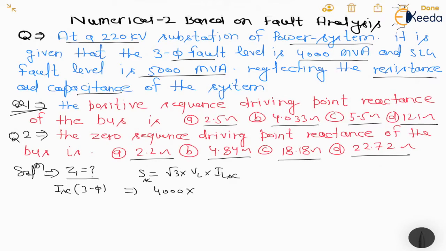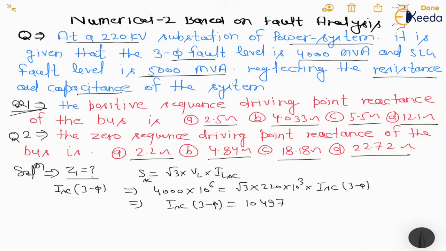So short circuit power is 4000 into 10 to the power 6, equal to root 3 into VL, given as 220 kV, that is 220 into 10 to the power 3, into ISC of 3 phase. From here we can calculate ISC of 3 phase, which is 10,497.27 ampere.